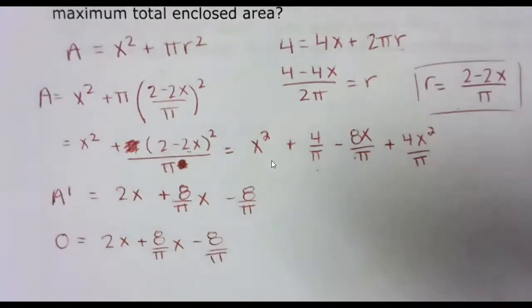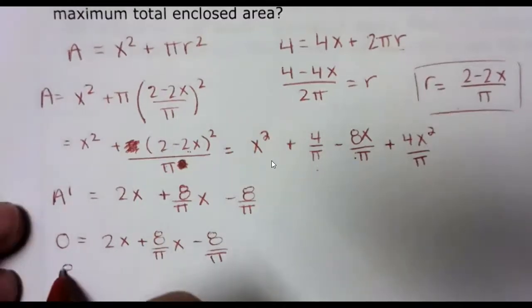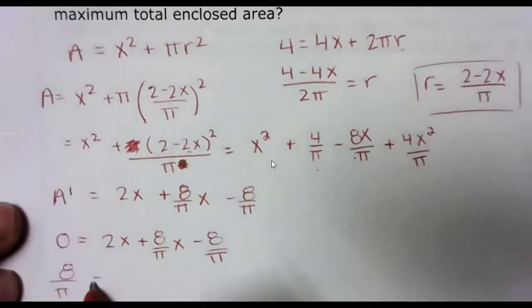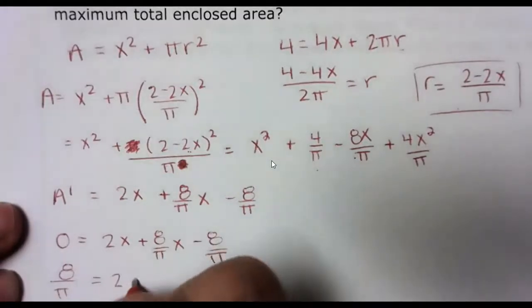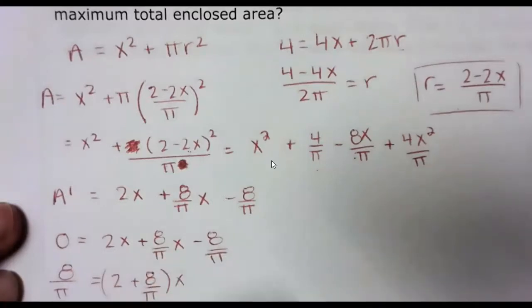And once again, in terms of being able to find the zeros of this problem, you're going to need a calculator. Not that you couldn't sort of solve for x, because you could add over 8 over pi and then take out a 2 plus 8 over pi, leaving you x.